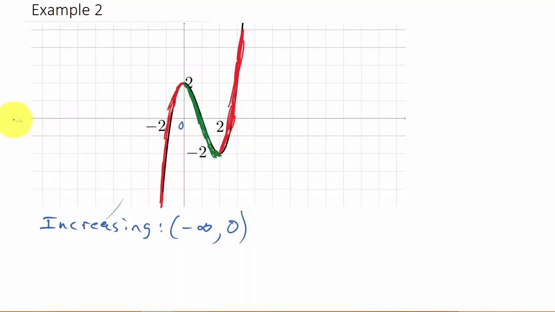It increases over these x values, negative infinity to 0, and that's where it stops increasing. But then look at this. It picks up again right here and starts increasing. Where does it start increasing? Look at this x value of 2.